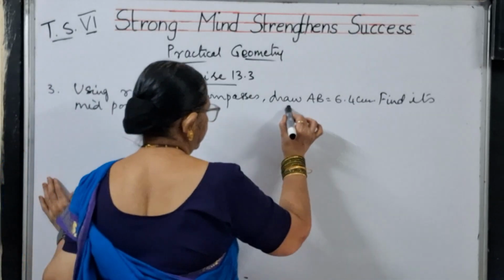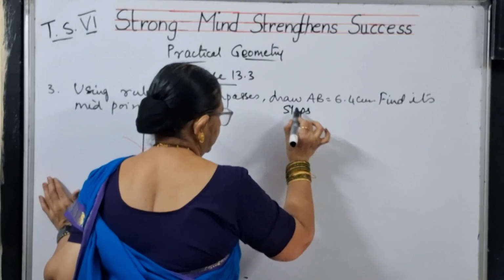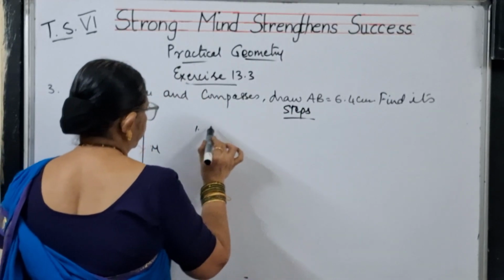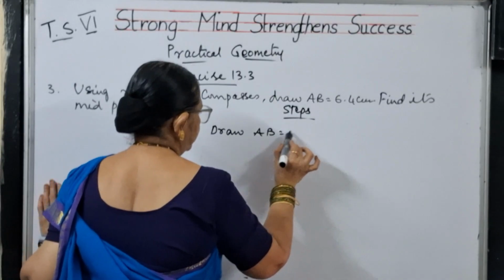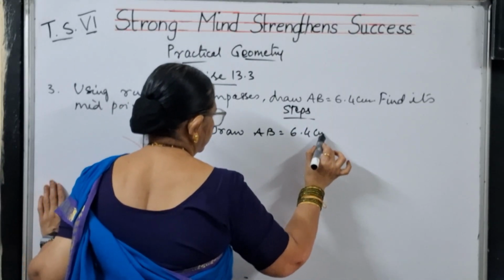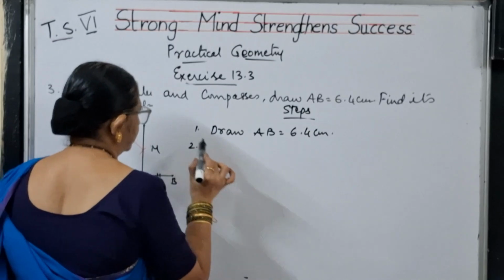So now let us see the steps of what you have done. The first one, draw AB equal to 6.4 centimeters.